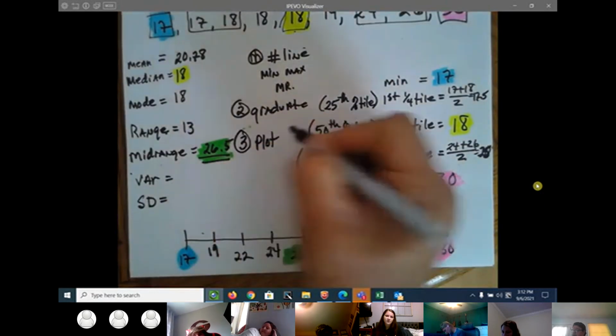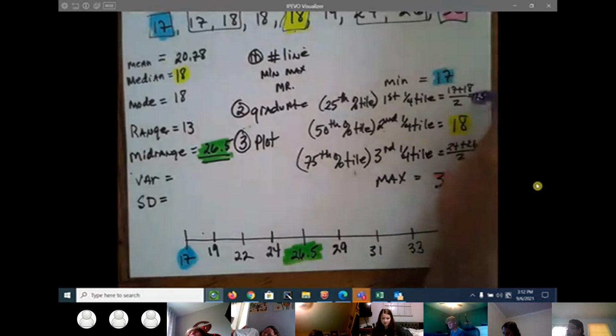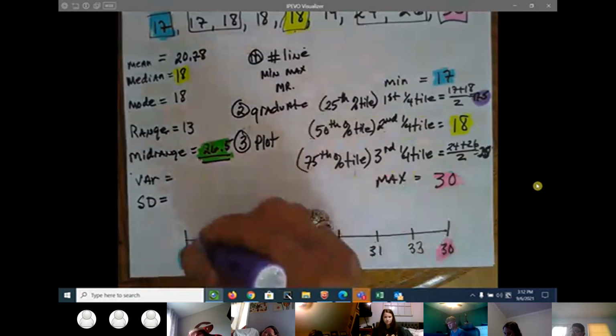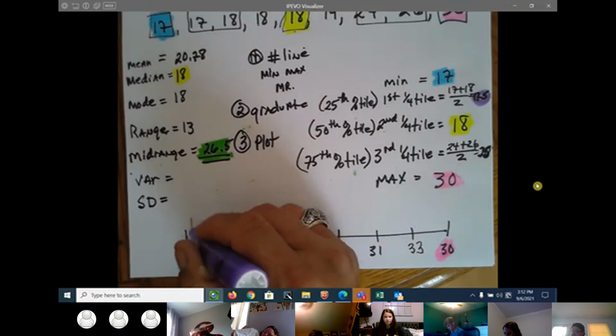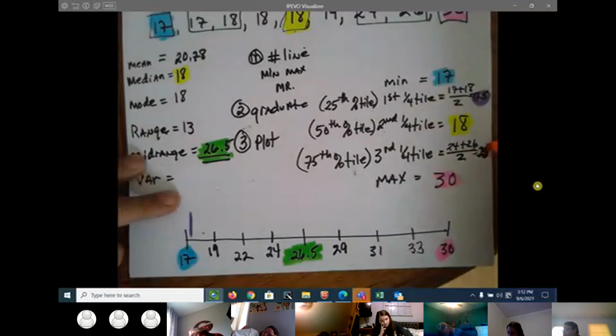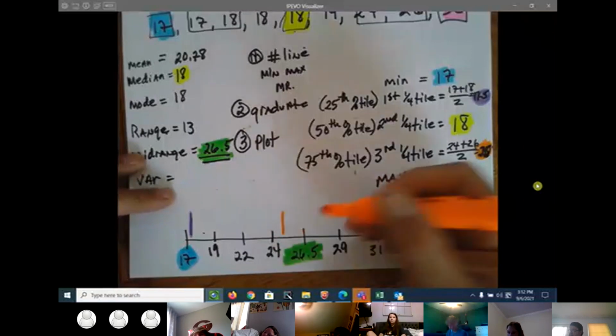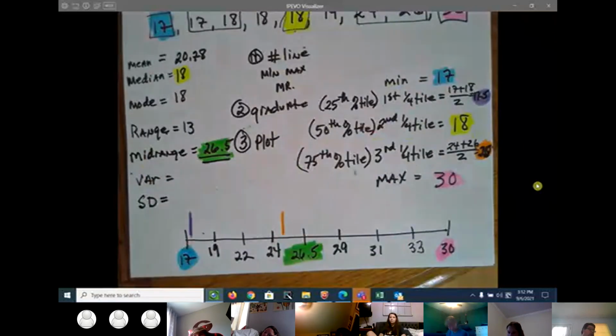plot. What do I plot? Well, this one says 17.5. So 17.5 is right in here. It's purple. Orange is 25. 25 is right in here. And blue, I got blue.